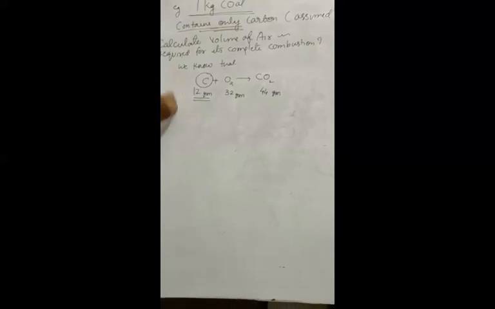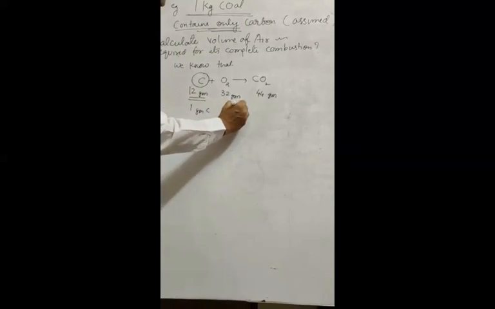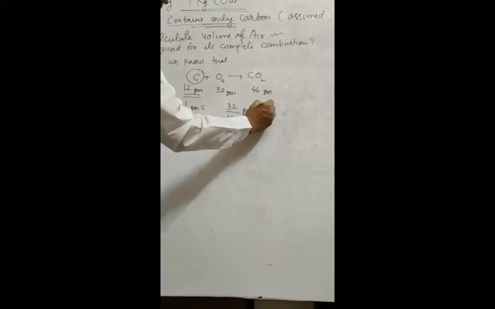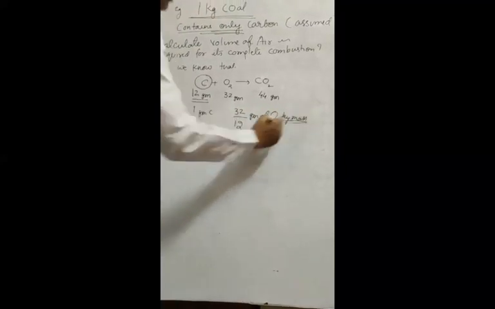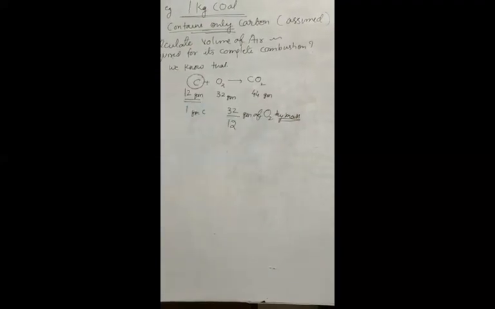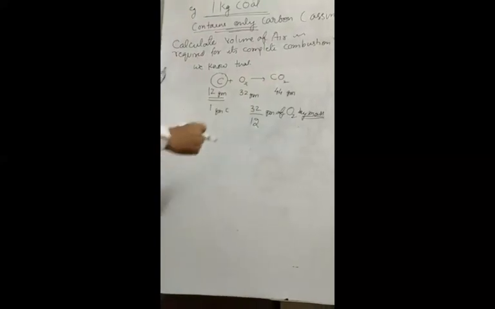Therefore, 1 gram of carbon will require 32 upon 12 grams of oxygen by mass. Remember, it is by mass. So 32 by 12 grams of oxygen by mass is calculated.